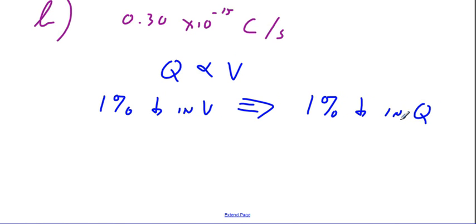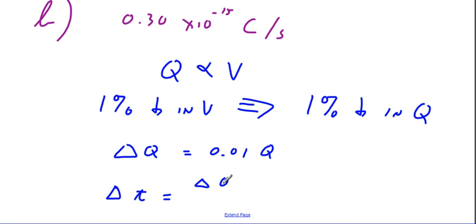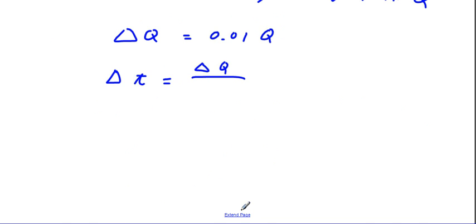All right, so my delta Q is 0.01 of my Q, and my delta t is going to be change in Q divided by change in Q, change in t.